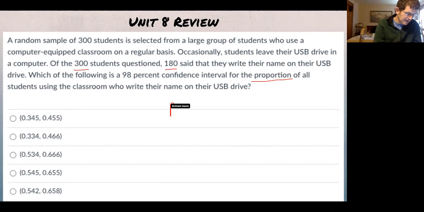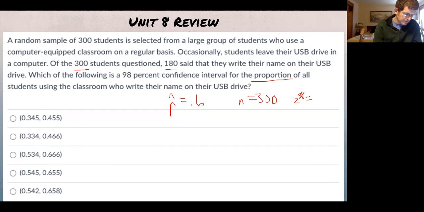So p hat in this case is going to be 180 out of 300. That's 0.6. The sample size is 300. And we are using Z star. And I believe that's all we need here. I don't know what Z star is for 98%, so we'll look that up later.